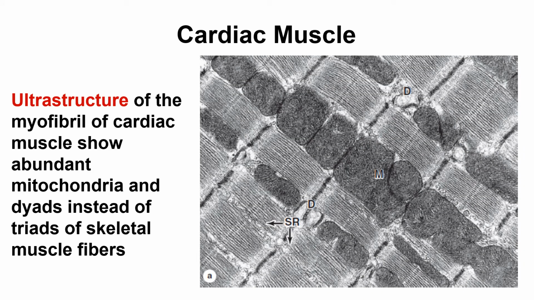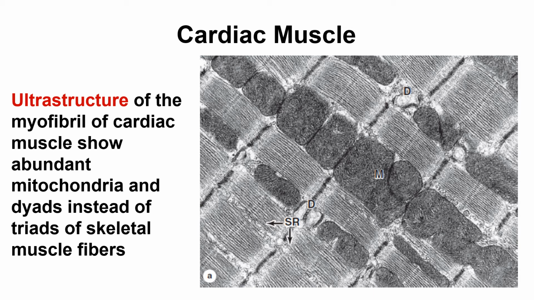Ultrastructurally, cardiac muscle fibers show myofibrils with the same banding pattern as skeletal muscle fibers. The intermyofibrillar region shows an abundance of mitochondria, and this reflects the metabolic demand of these cells.